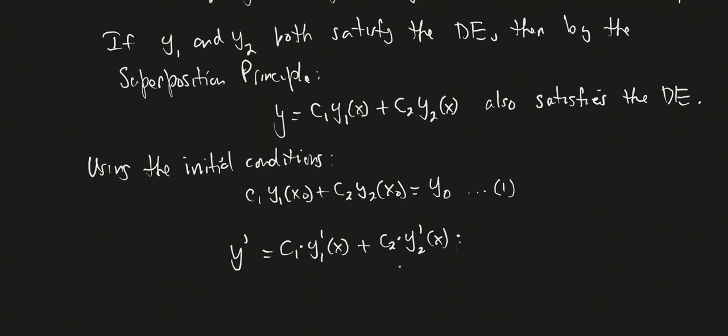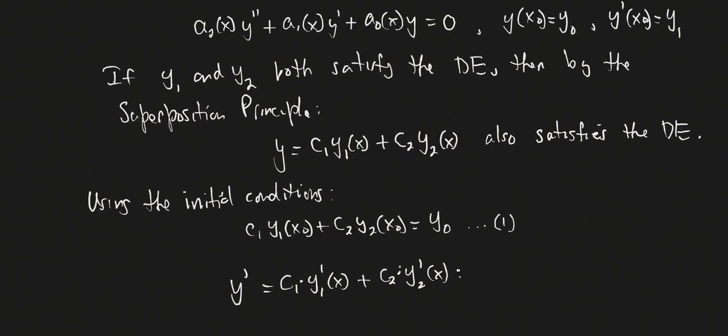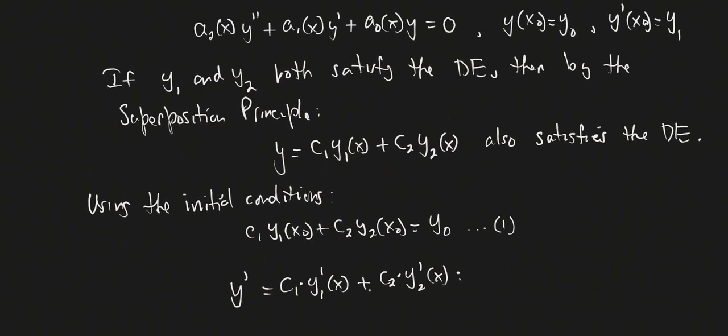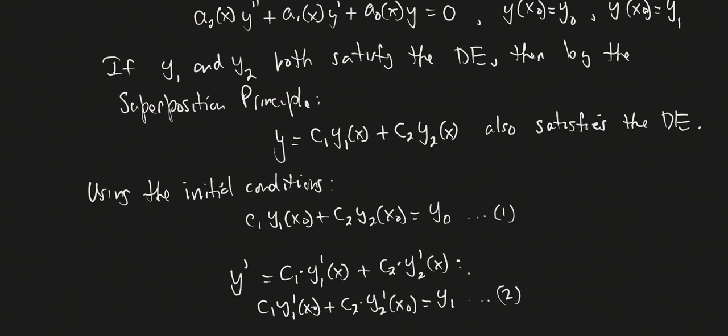And then that gives me another equation. So plug x0 in on this side. So I will get c1 y1 prime of x0 plus c2 times y2 prime of x0. And then that would have to be equal to y1. And I'll call that equation 2.